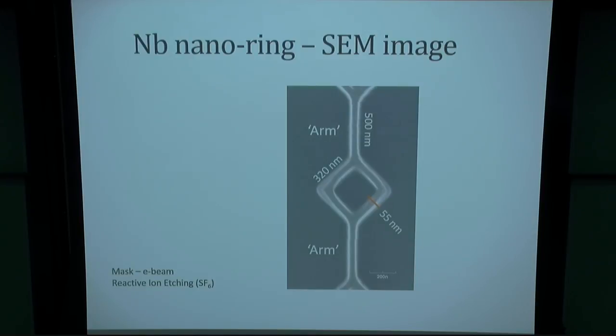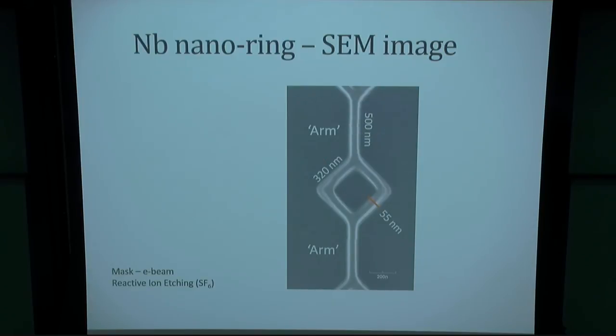As experimentalists, we use the arms just to connect several more rings like that, so you can imagine a row of several dozens of rings. This was done just to increase the signal. But you can imagine that the system I'm going to talk about is a ring plus two arms.